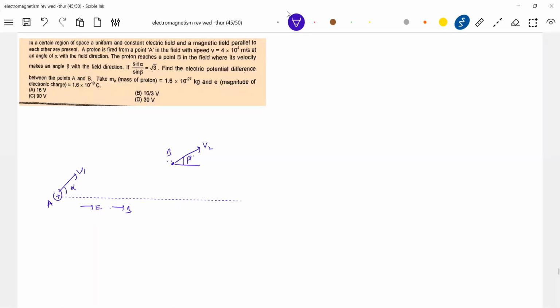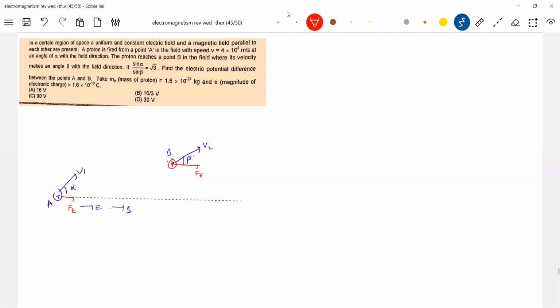What to do now? He's asking to find the potential difference between points A and B. How will the electrostatic force Fe act? That's all, because it's a charged particle. Okay, let's get into it. What about the magnetic force?